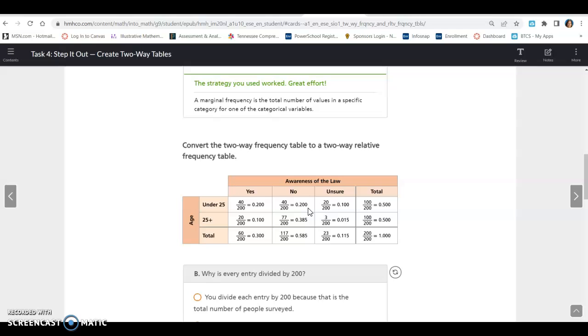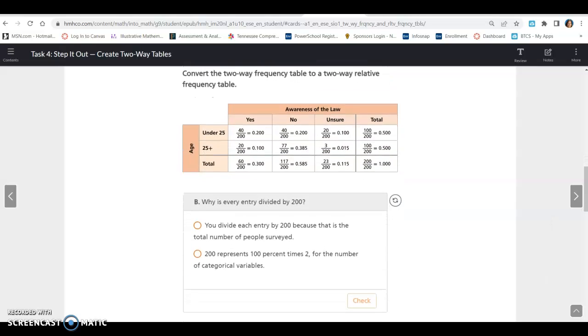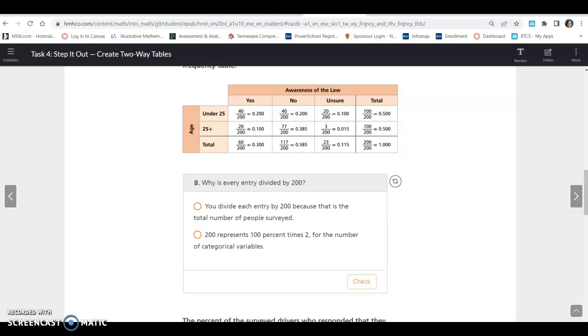That's how many people they surveyed. And that gives you the percent in that category. It says, why is every entry divided by 200? You divide each entry by 200 because that is the total number of people surveyed. That is true. 200 represents 100 times 2. Not sure why they would multiply it by 2.